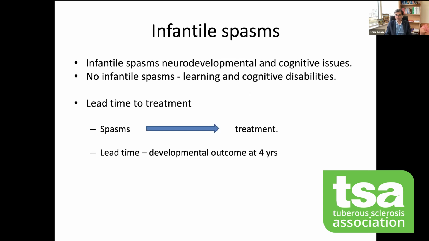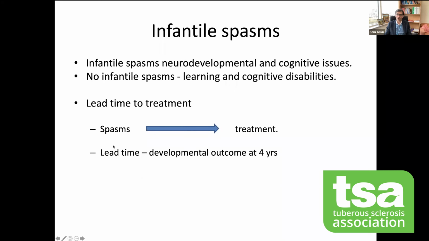Infantile spasm is a significant issue in this population, but not everybody with TSC will have infantile spasms. Some people do. And we know if you have infantile spasms, then that can affect neurodevelopmental and cognitive outcomes, but not always. But it's important that infantile spasms are treated very promptly to reduce the effect on neurocognition and development.